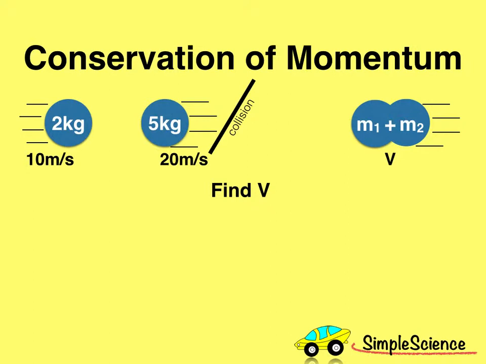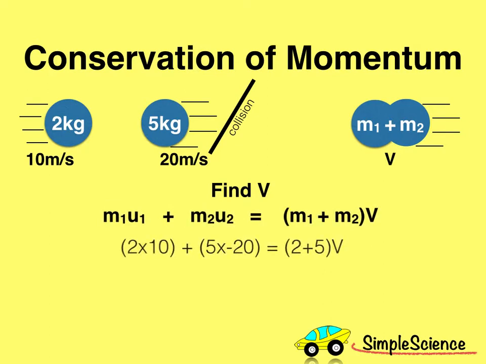So you will be asked to find v. What is v when those two things collide and they move together? So we put in our formula, and then we substitute the values in. 2 kilograms times 10 meters per second plus 5 times minus 20 because it's in the opposite direction.